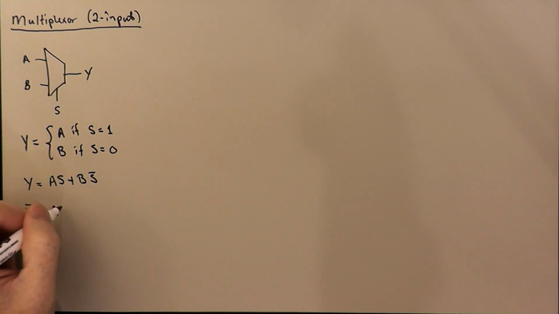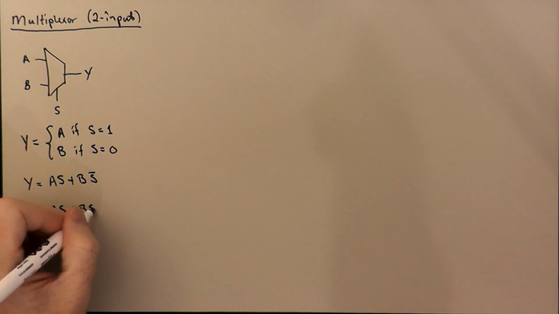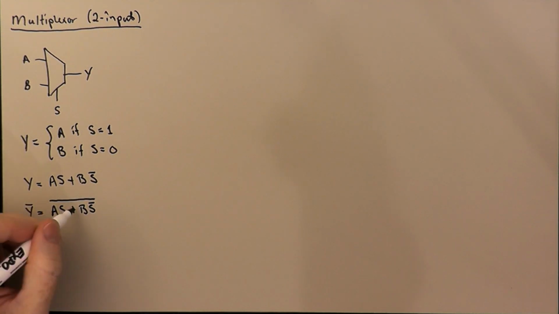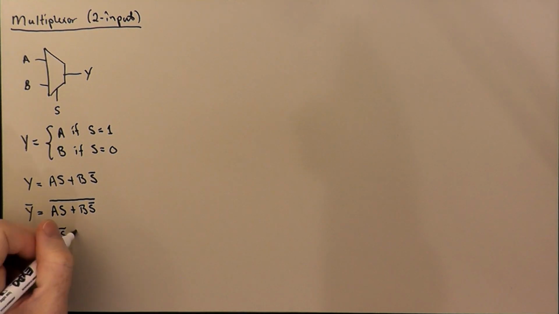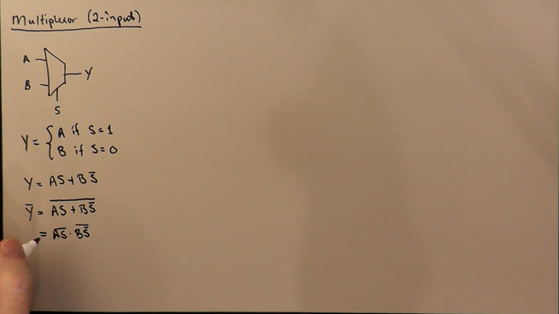To figure out how to do this, we're going to invert this whole expression, AS or B S bar, and then use one of De Morgan's laws to push this overbar down onto these terms and change the OR to an AND. So we get the complement of AS ANDed with the complement of BS. Then we use De Morgan's other law to push the overbars down one level further.